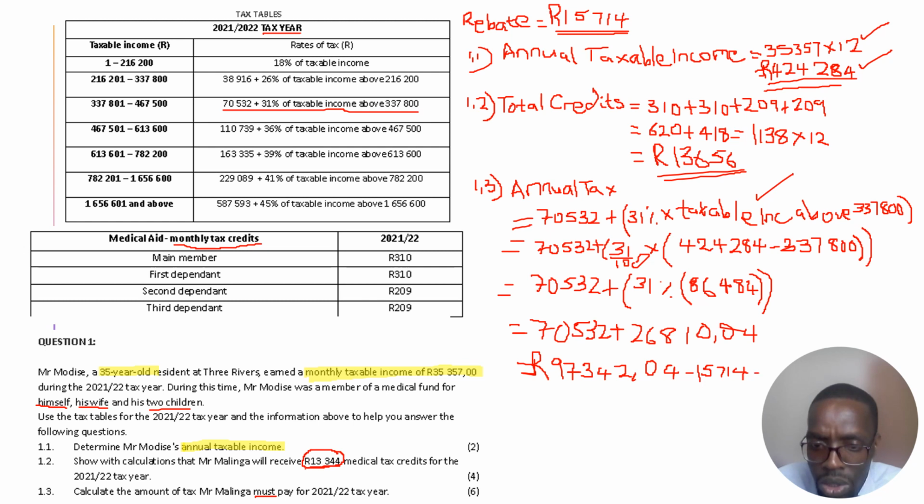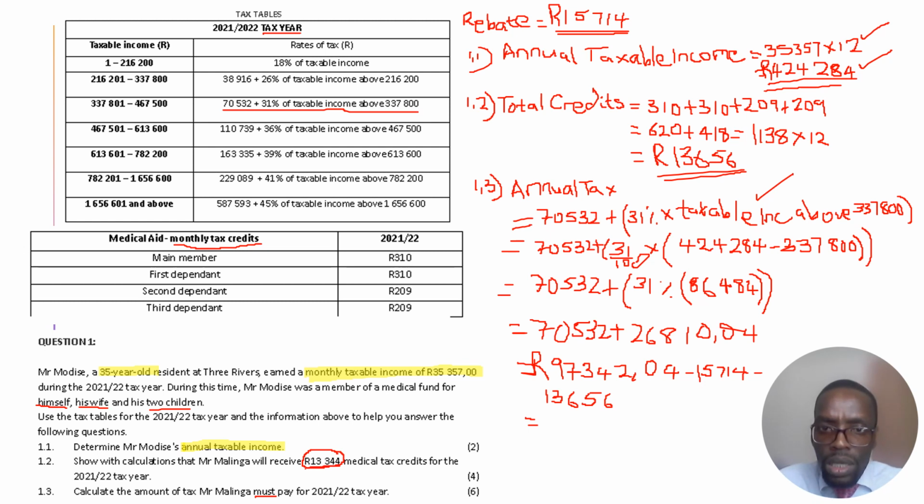Then we are also going to subtract our medical credits. We calculated it there, and we said it's 13656.